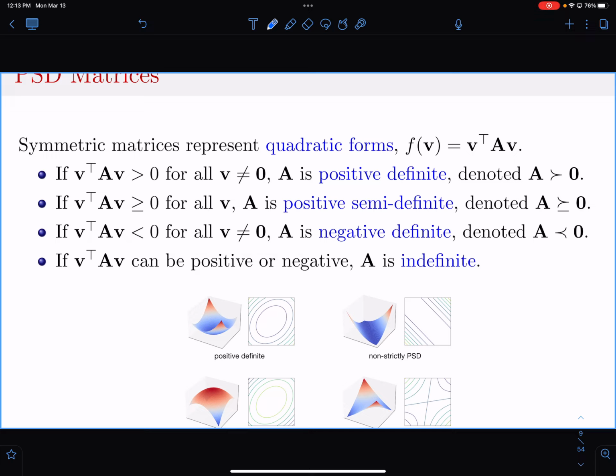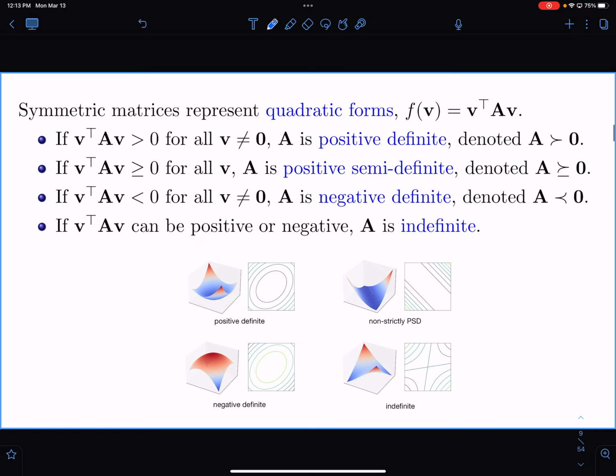You should think of that as a bowl-shaped function where in every direction the function is increasing. That's pictured over here. We have 2 potential ways to visualize it. You can visualize it in 3D where in every direction it's increasing, or you can draw the contour plot where the contour lines denote where the value is equal.